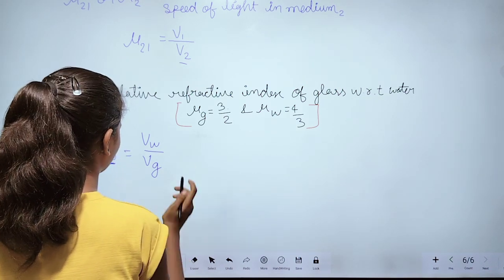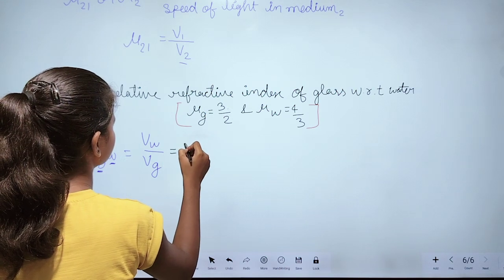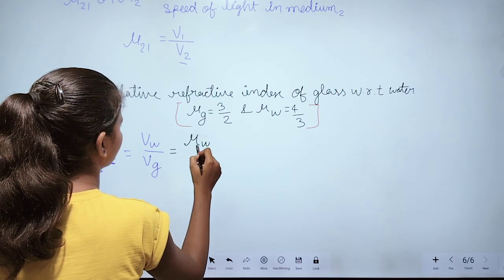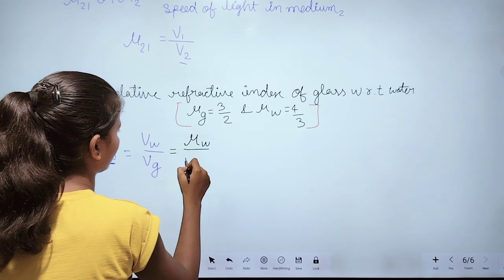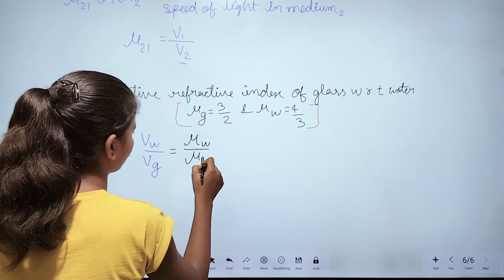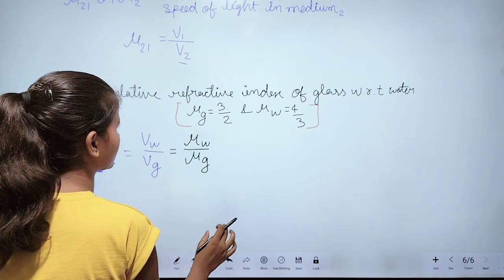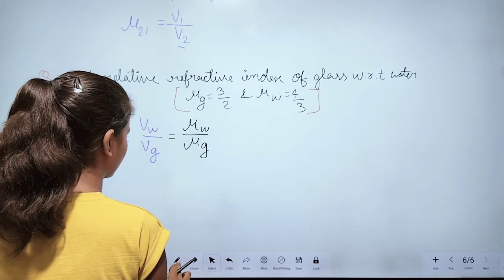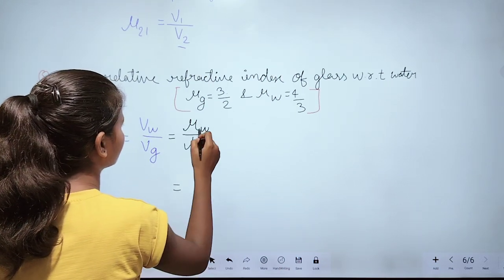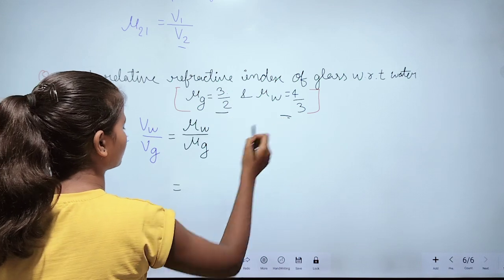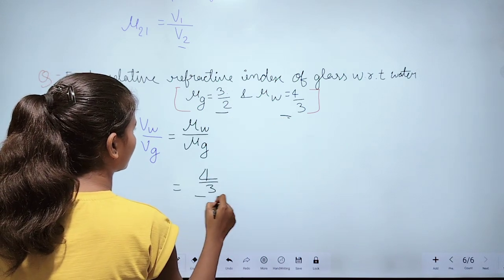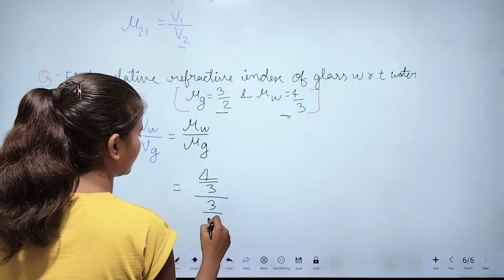Or you can also write like this: refractive index of water by refractive index of glass.